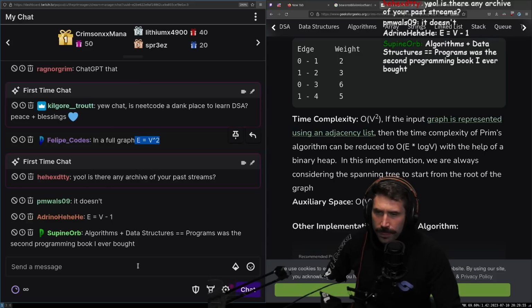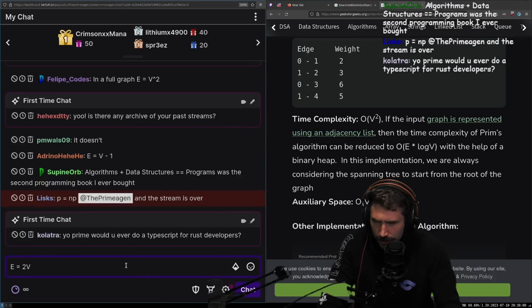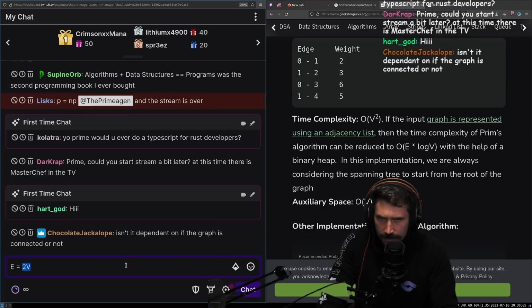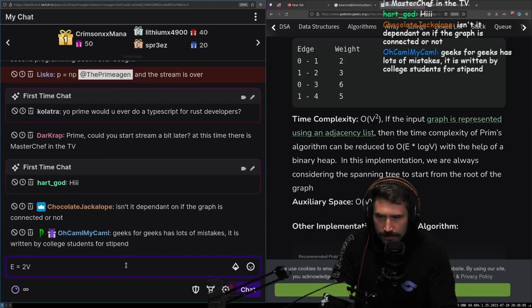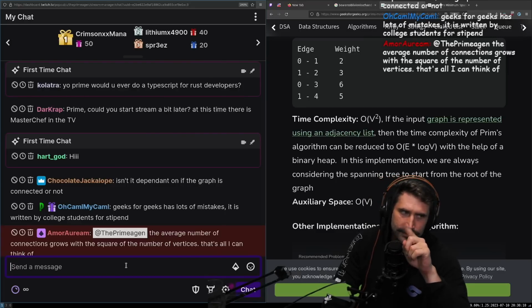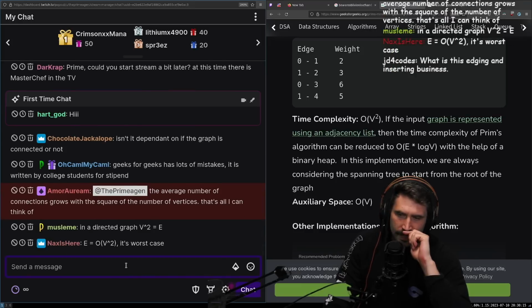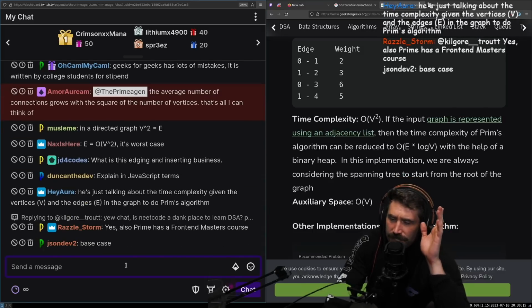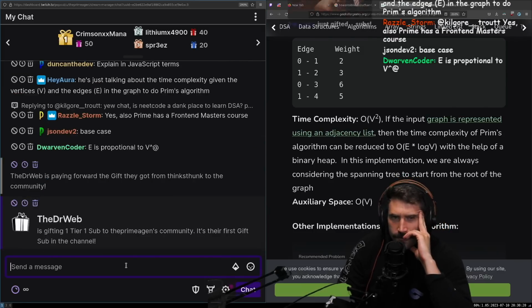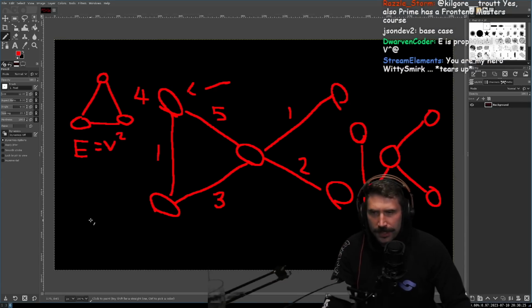No. No, a full graph, E equals 2V, doesn't it? I think you're wrong on this. Yeah, the average number of connections doesn't... All right, hold on. Maybe you're right.